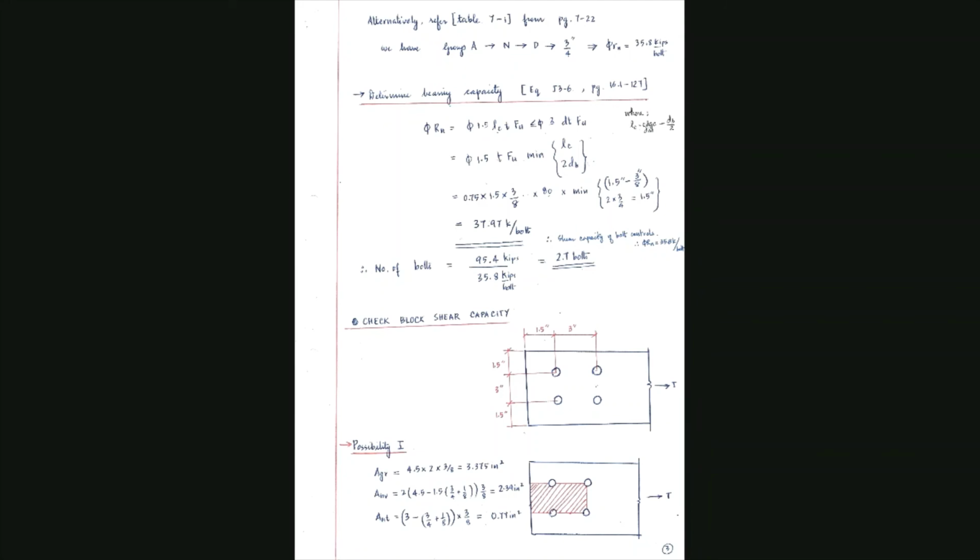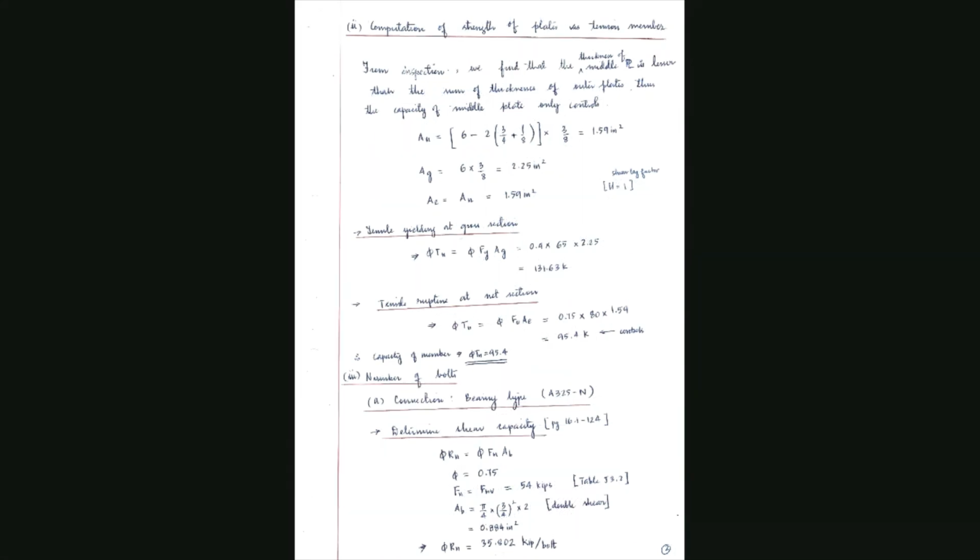Or else we can do it manually. To calculate the bearing capacity, as we discussed, we have this equation in page 127, and we check it for ultimate load. This equation can be converted into this one because there are many terms in common, to reduce your effort in calculation.